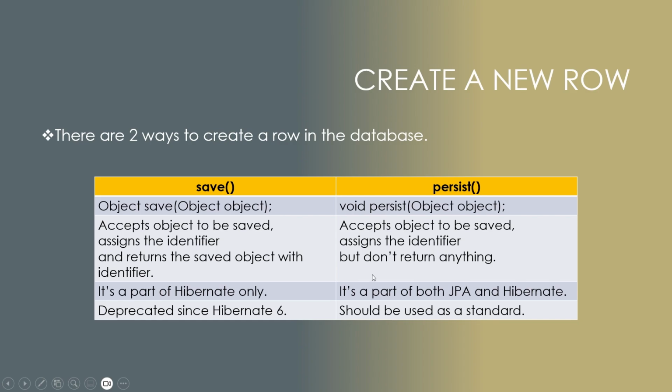So you can read all the things. Let me read it line by line. I have deliberately made these comparison tables small. So this is the save method and it looks like this. It will take an object and it will return the object also. So it accepts the object to be saved. Then sometimes what happens is that after saving, we are assigning the identifier, the primary key.